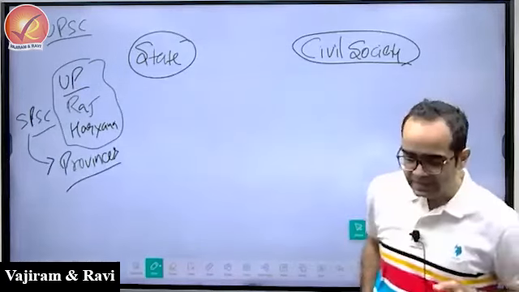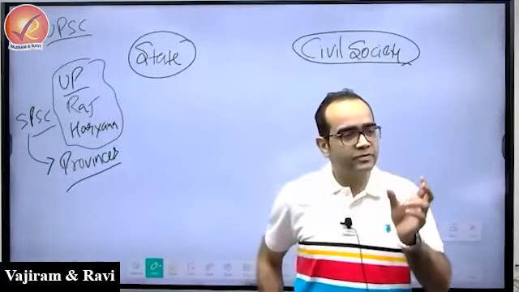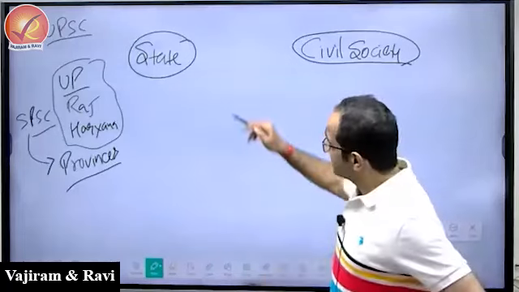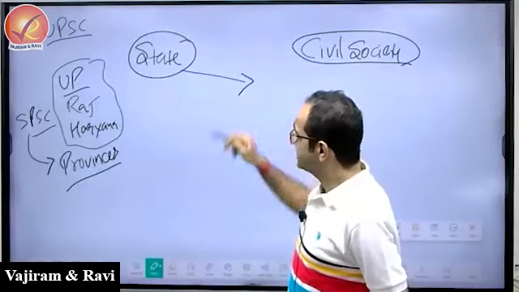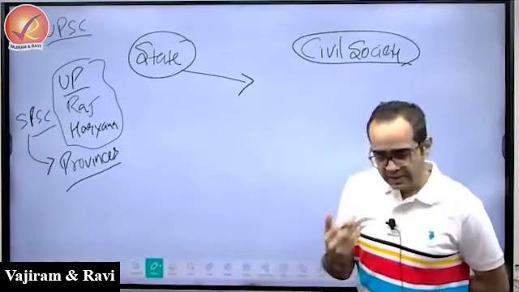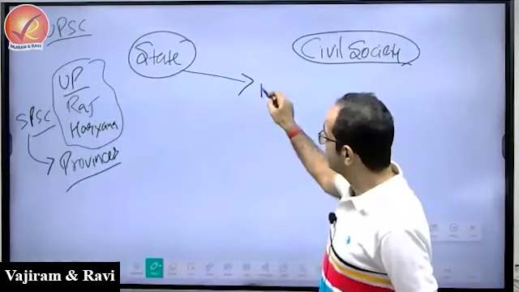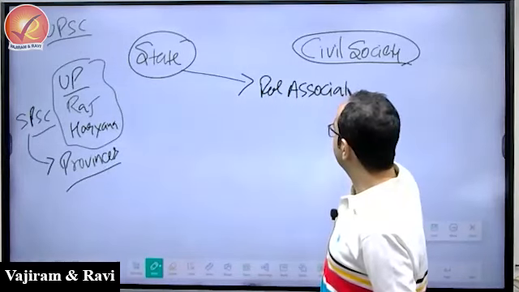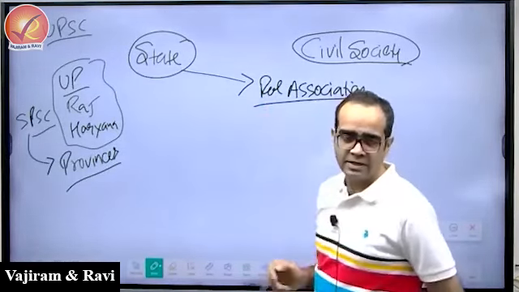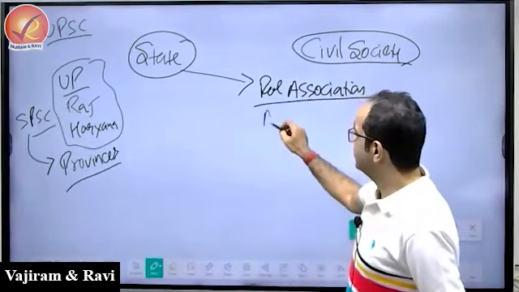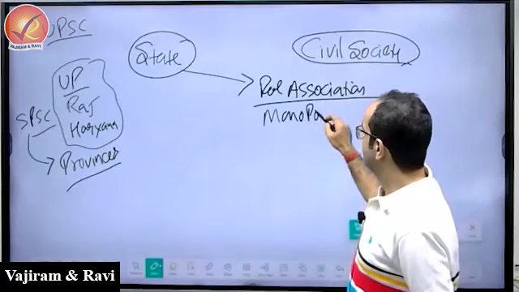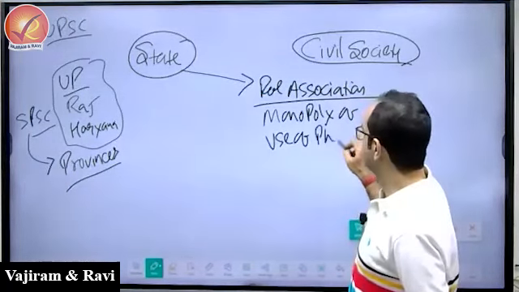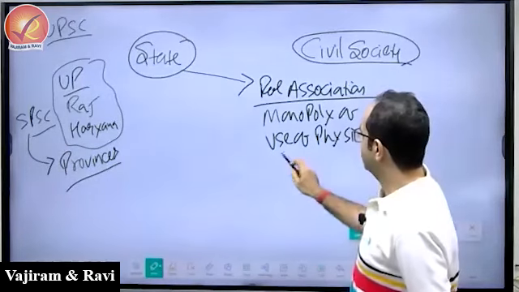In fact, it is said that state is one of the central concepts of political science, and the term state is a broader term. State is considered a political association which has the monopoly of use of physical force in a given territory.